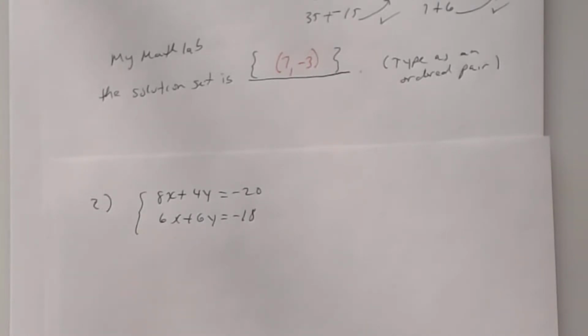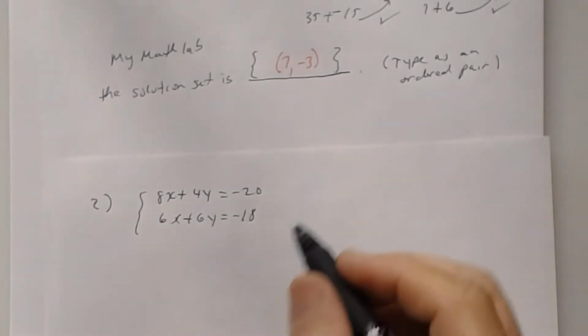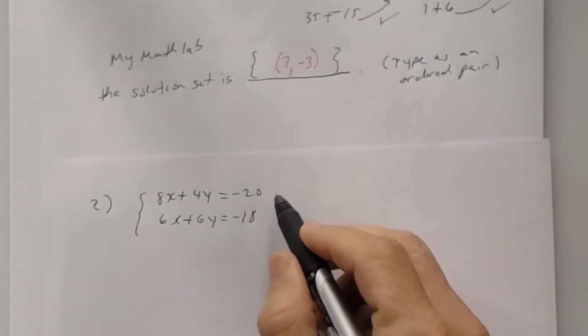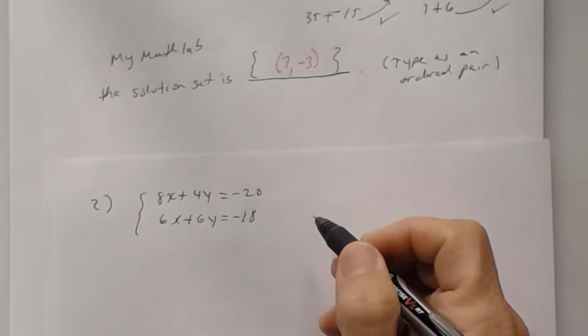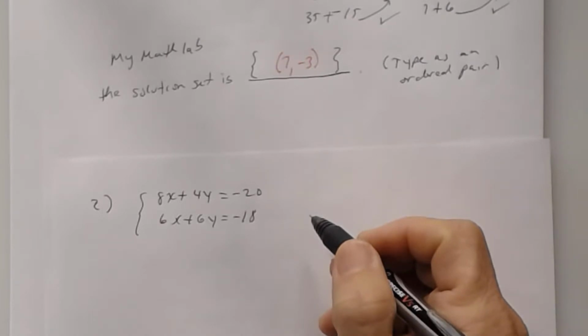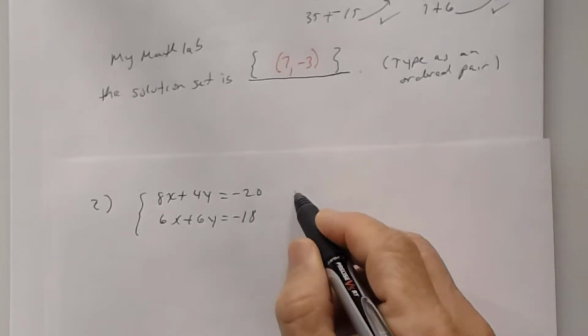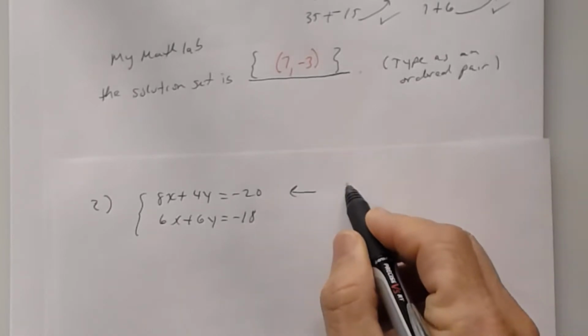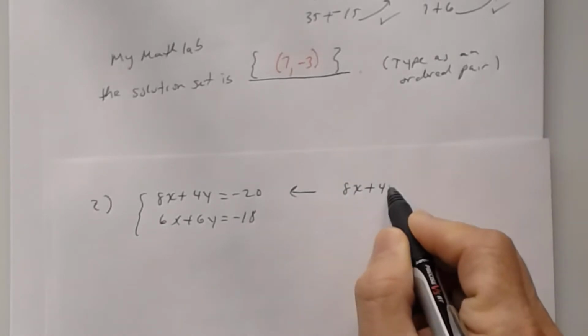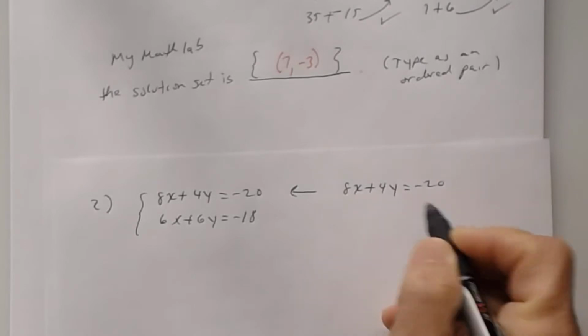But whatever variable you choose, see if you can get the variable by itself without having any fractions. You understand? So in other words, listen carefully. Suppose someone took the first equation and said, well, I'm going to solve for x. There's going to be an issue there. If you solve for x, you have to bring the 4y over.